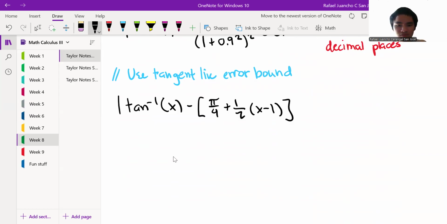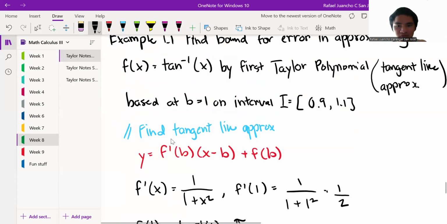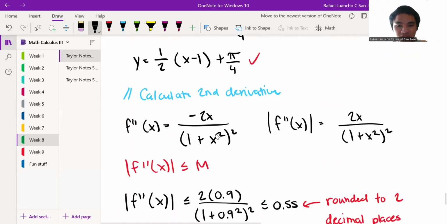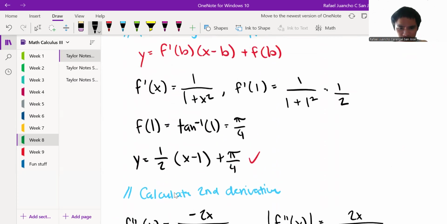Oh, wait a minute. X minus 5/4? Why 5/4? Wait, whoops. Did I mess up? What happened here? It became 5/4 for some reason.